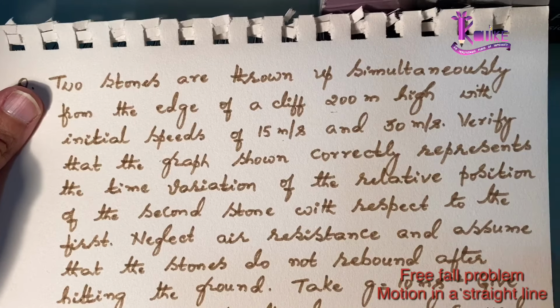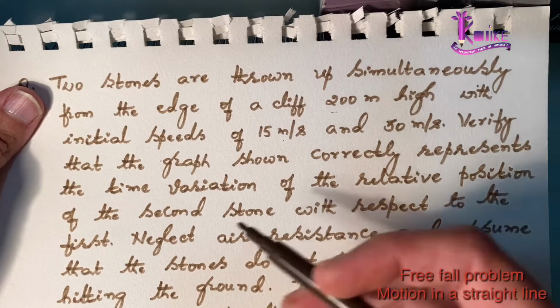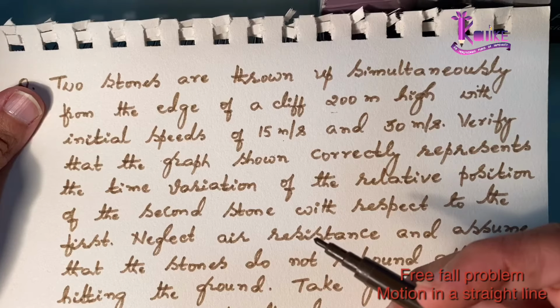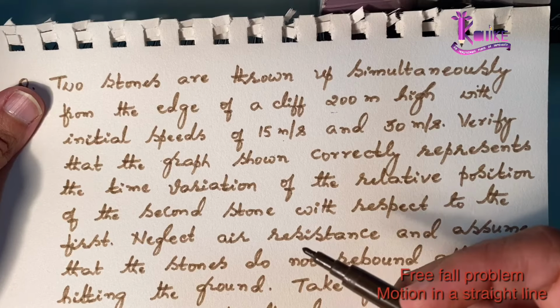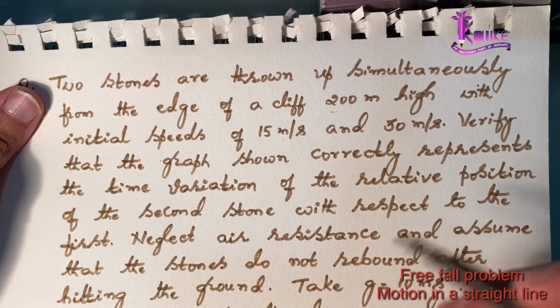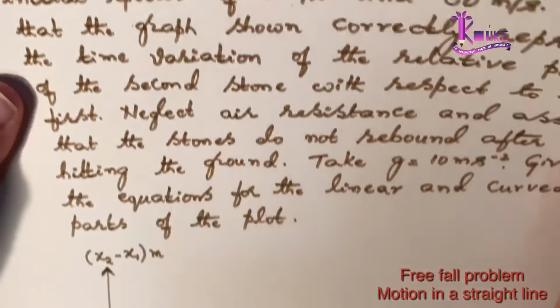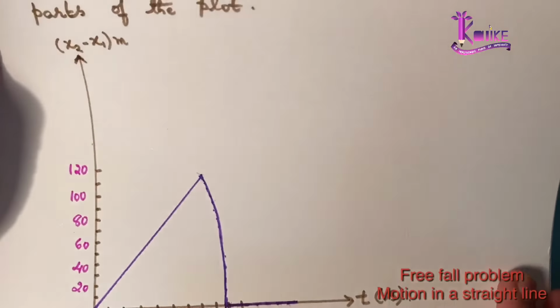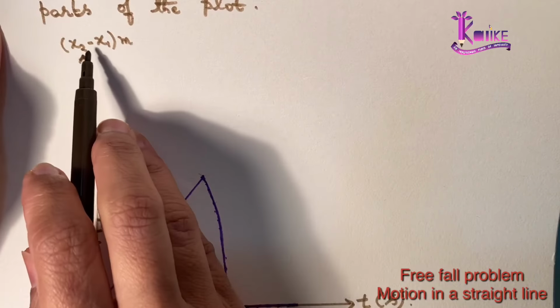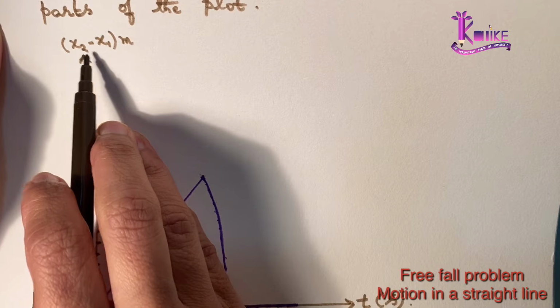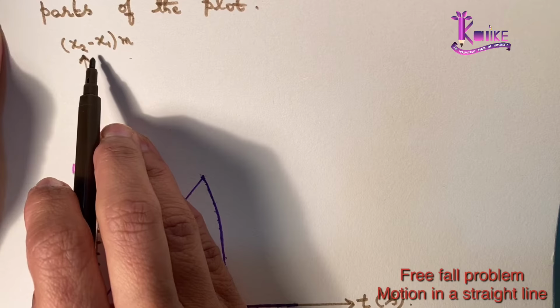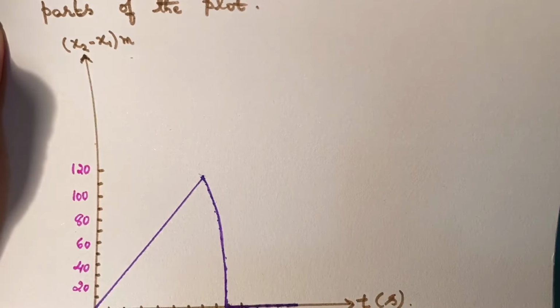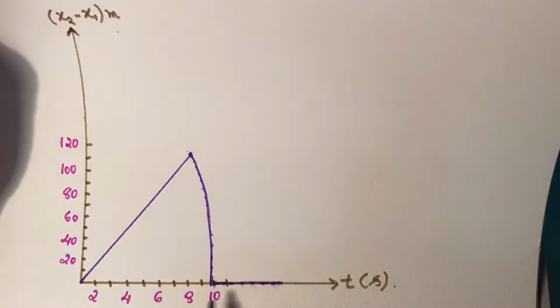So they have a plot of the relative position of the second stone with respect to the first versus time, right? So you have to verify this particular graph that is given. So x2 minus x1 is the relative position of the second stone with respect to the first, or in other words, it's a plot of the position difference between the stones against the time taken for the stones to reach the ground.